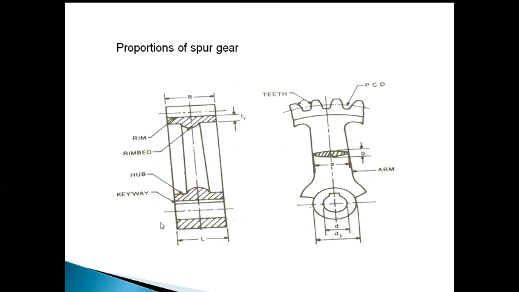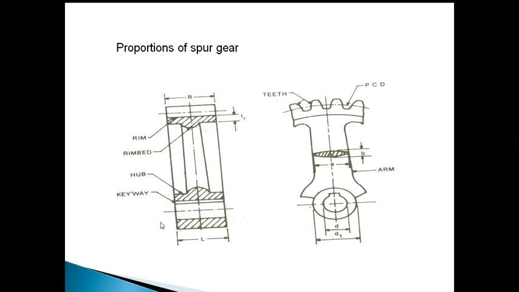Next we need to find the number of arms. To connect the rim with the hub, we may use a web or a number of arms. If the pitch circle diameter is below 250 mm, we use the web. It is completely filled with material. Otherwise we use arms which are elliptical in shape, with major axis and minor axis A and B. The number of arms depends on the pitch circle diameter.